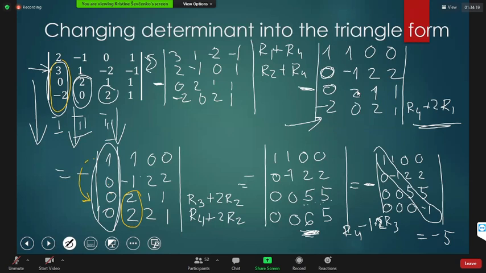We can work with this, expand through the first column, for instance. Or if I only had 2 zeros in one row, I could simply go there and create a 0 here, and then expand through the first row. So there are options. You don't have to make the triangle form.